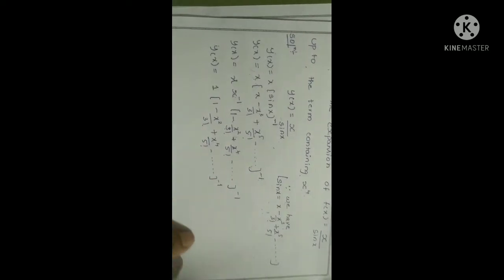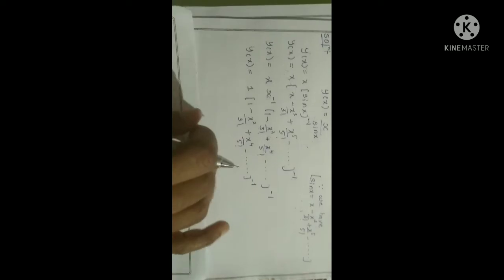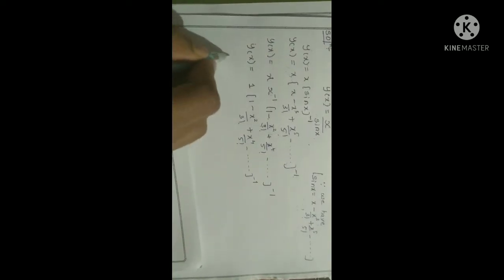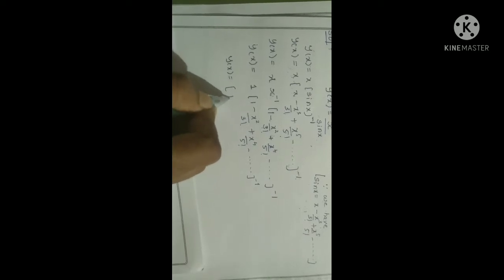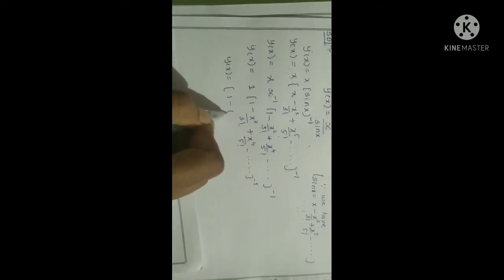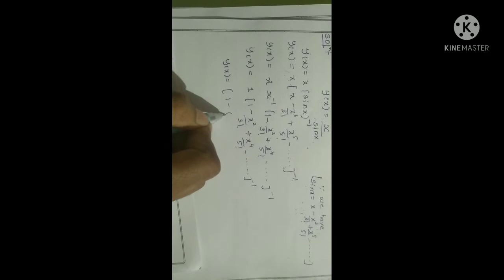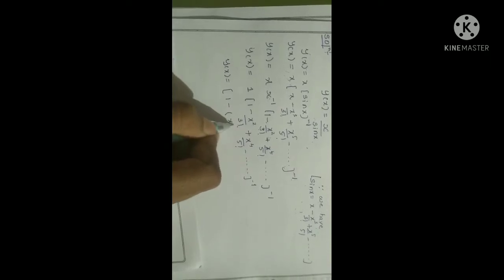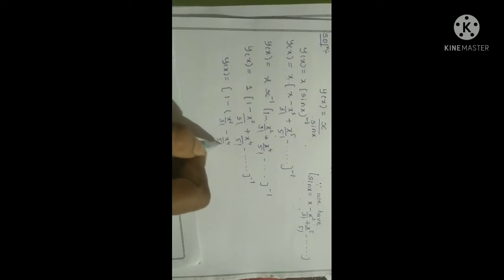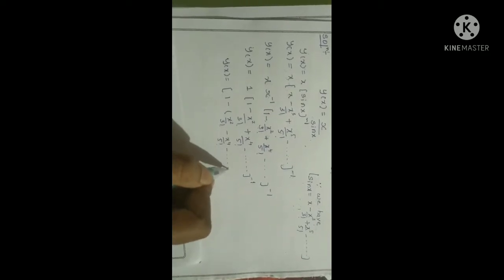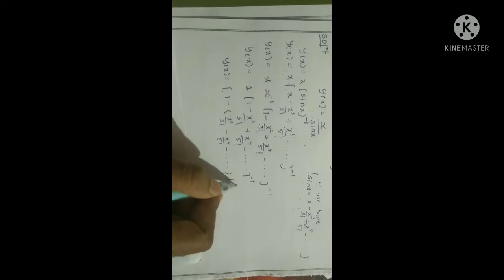In the next step, we take the minus sign common, that is y of x equals 1 minus of x square by 3 factorial minus x to the power of 4 by 5 factorial minus so on, whole to the power of minus 1.